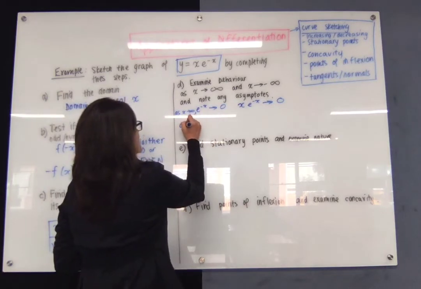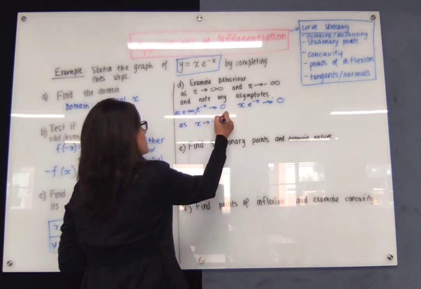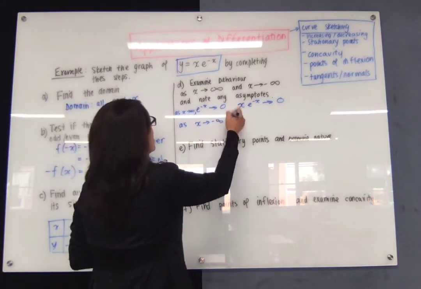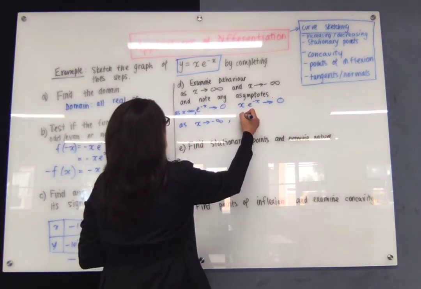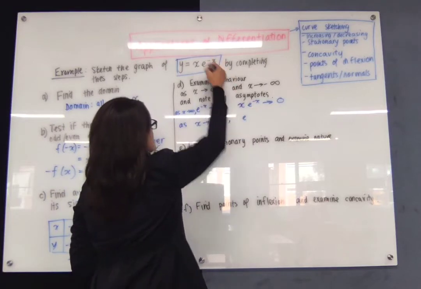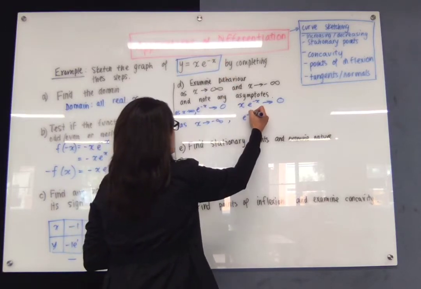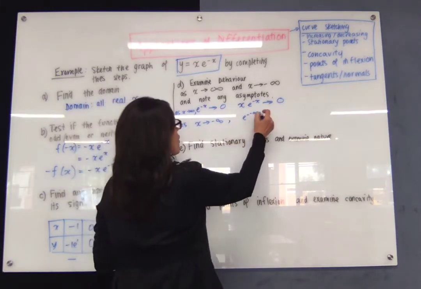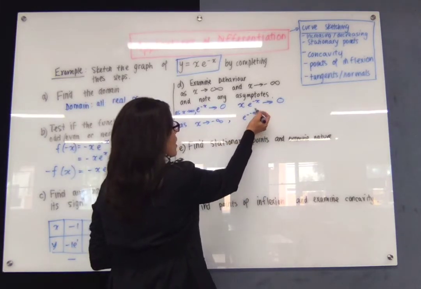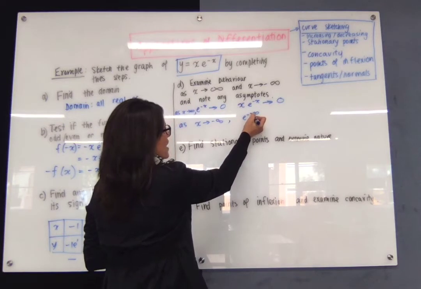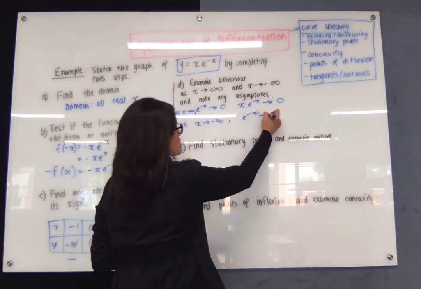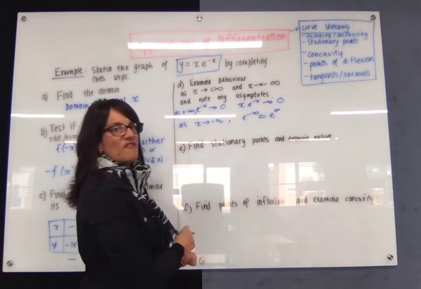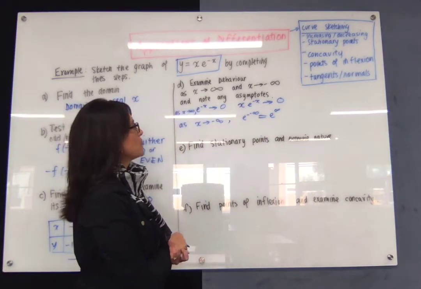And what about as x is approaching negative infinity? Let's think about that. Let's just take out this exponential here. If we've got e to the negative x with x going in a negative direction, this is actually going to be equivalent to e to a very large positive number.